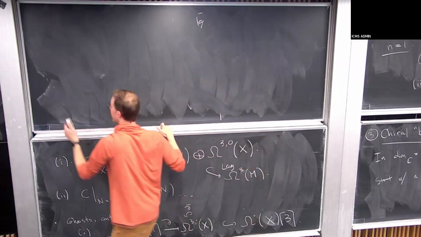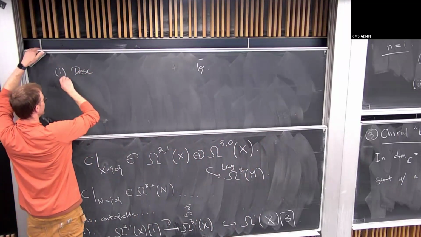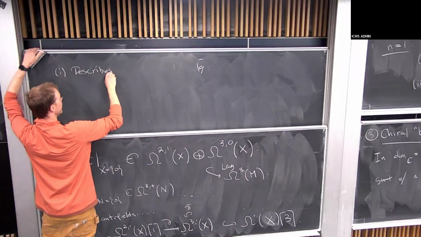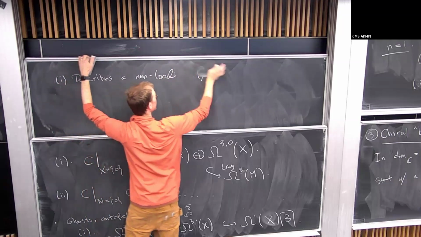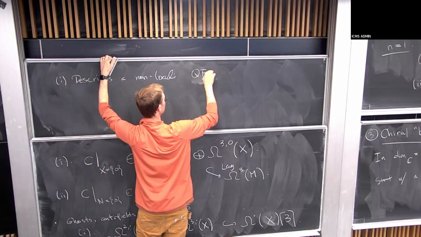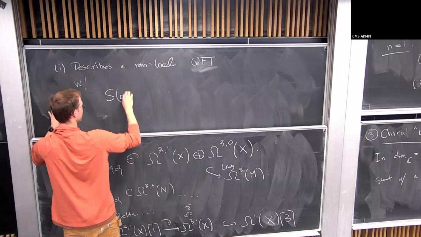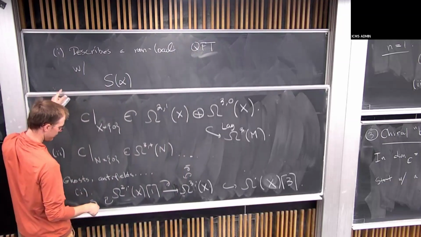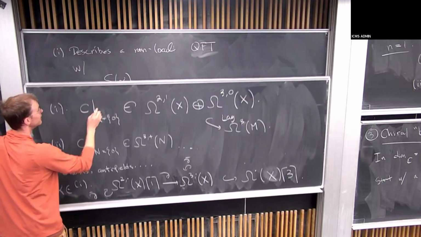So say 1 describes a non-local action functional S. So alpha is going to be my field. This alpha lives in this space. And it looks like this.